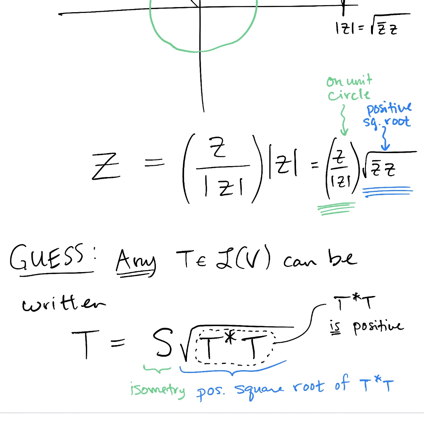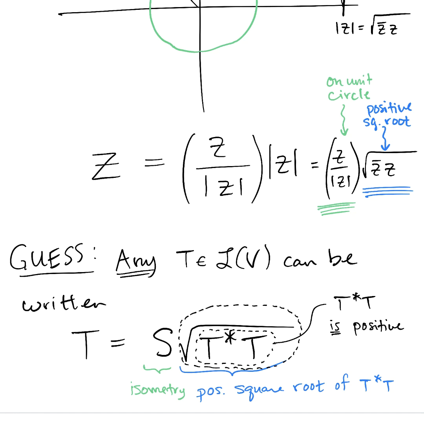That's easy to check just by the definition of positive operator. And so you know it has a unique positive square root, and that's what this symbol here represents, the unique positive square root of the positive operator T star T.